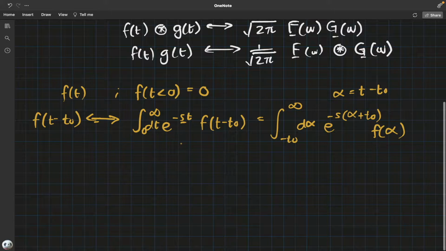Just moving ahead, we can extract one of those terms out, the one that doesn't depend on alpha.